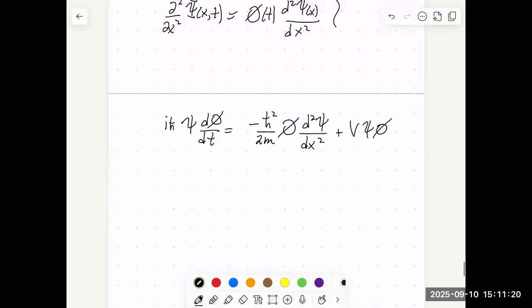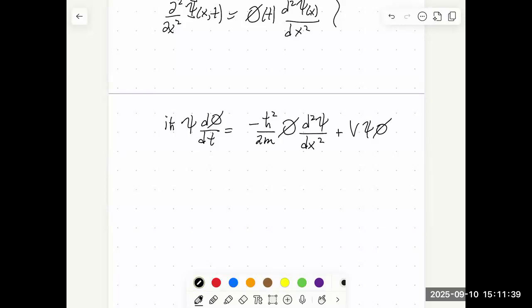Now, if you've done separation of variables before, which I assume you did in, what is it, Math 225 or something, what you do after subbing in your separation of variables is you divide by that product.